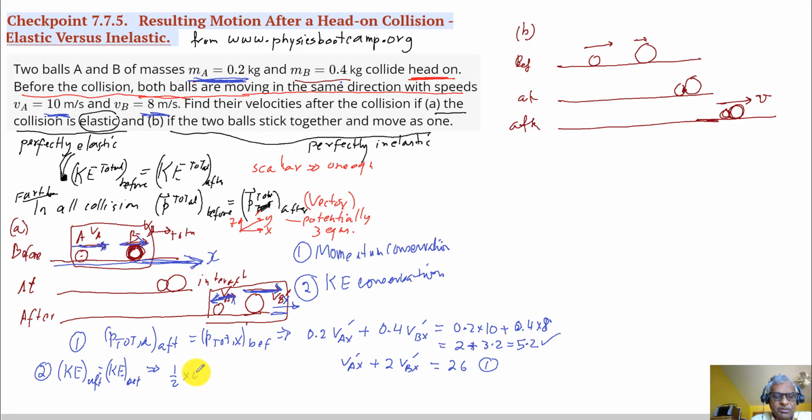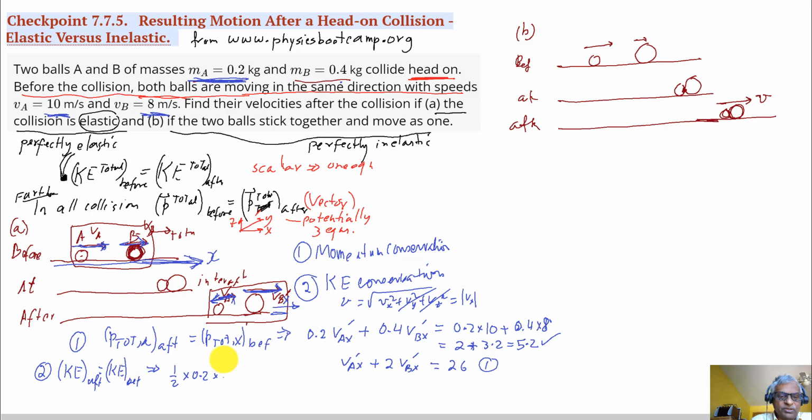half times 0.2. Now if you look at the speed, the speed is equal to the square root of vx square plus vy square plus vz square, and these are 0 here, so this is going to be just vx.